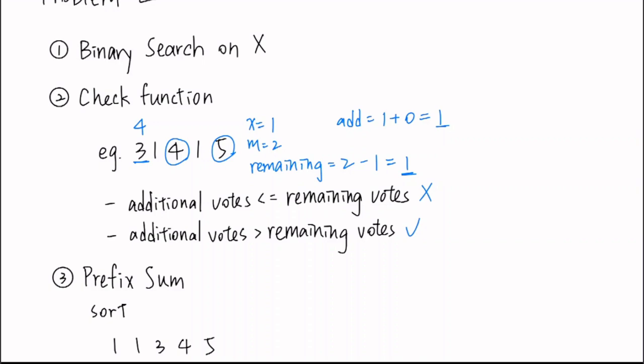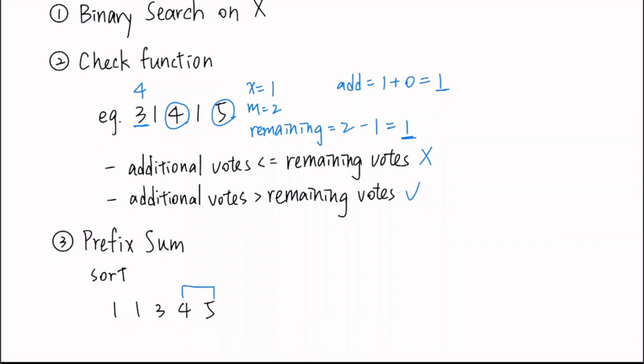And so because we would always give the votes to the larger candidates, we will always give the votes to these candidates. And we can calculate the sum of this range easily using a prefix sum.